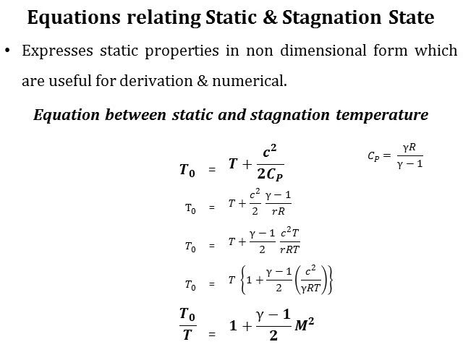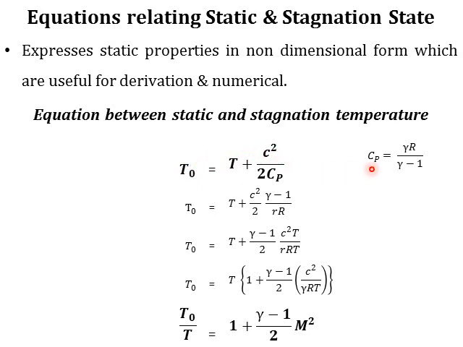Let's begin with obtaining an equation between the static and the stagnation temperature. The first equation, which was already obtained from the adiabatic energy equation, has the stagnation temperature and the static temperature. But this is not yet in a non-dimensional form.